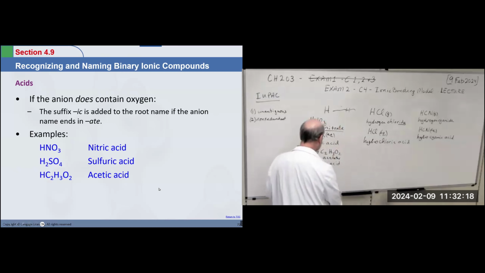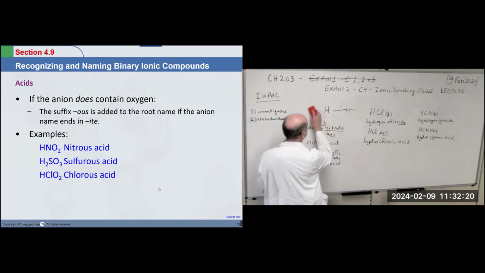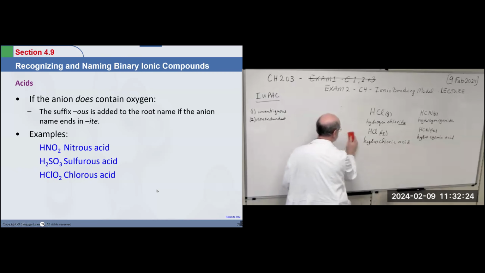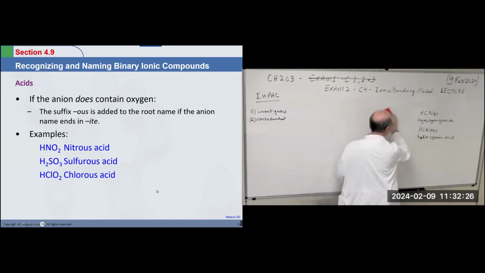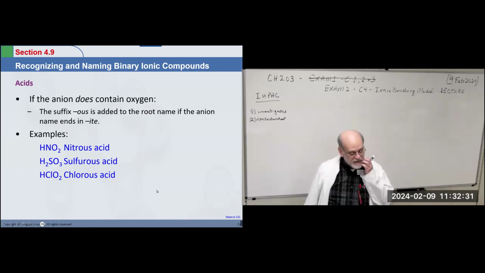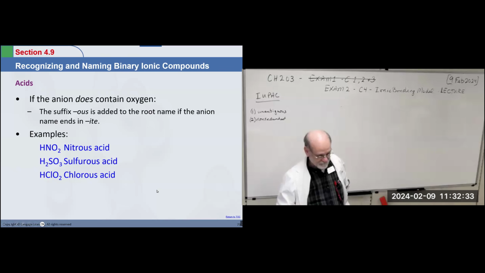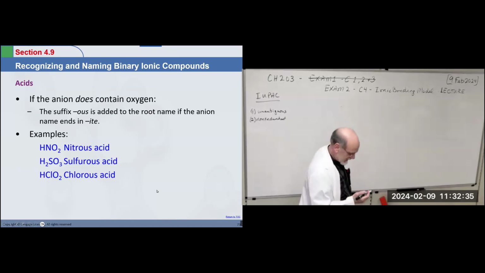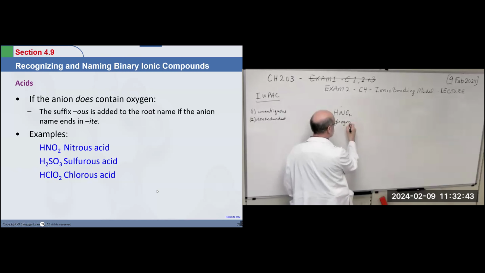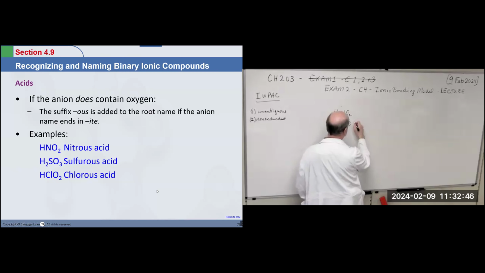All right, here's some other examples. And they're all polyatomic. HNO2. We would normally call that, by our previous naming convention, hydrogen nitrite.